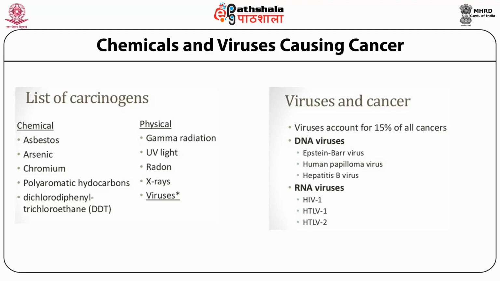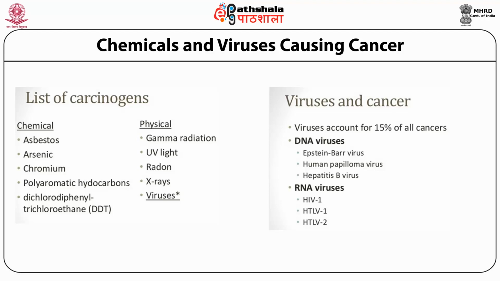Besides chemicals in the environment, other physical agents such as radiation, especially UV radiation or X-rays, can also damage the DNA. Yet another causative factor are the viruses, which include both DNA and RNA viruses. In fact, in India, the cervical cancer rate in Indian women is very high, and the cause is the human papilloma virus.